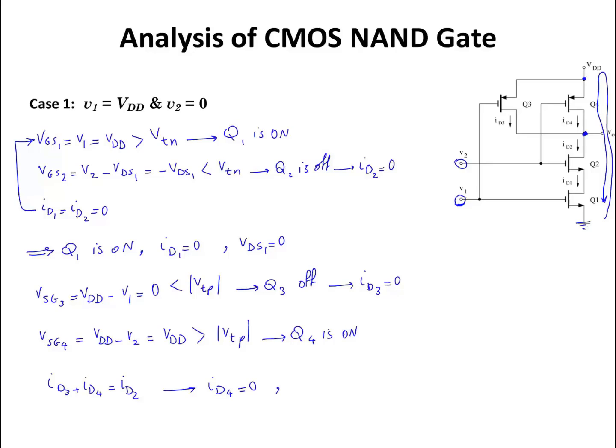It's in triode mode with VSD of 0 volts. So VSD of transistor 4 is going to be equal to 0. I know that my output voltage is going to be equal to VDD minus VSD4, which is equal to VDD. So when one of the inputs is high and the other one is low, the output is going to be high.